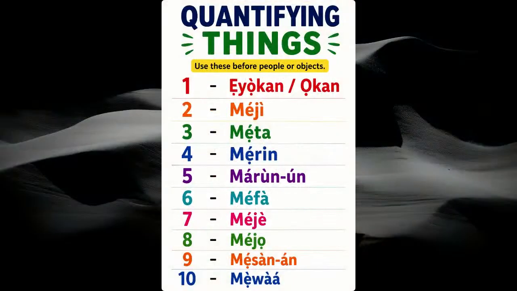But if I want to attribute it to myself, like how many pens I have, I would say pen ẹyọkan, méjì, mẹ́ta, mẹ́rin, 5 will be márùn, 6, mẹ́fà, 7, méje, 8, mẹ́jọ, 10, mẹ́wàá.